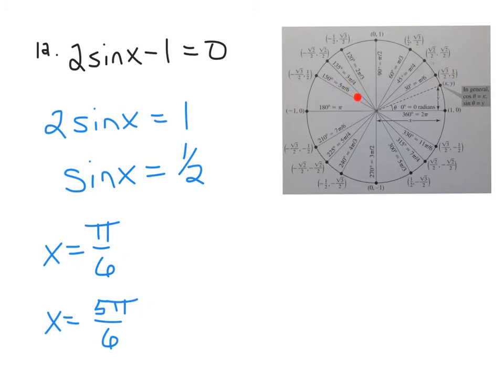The same thing applies to 5 pi over 6. Every time we go around a full circle, it counts again. So our answer for the first one would be pi over 6 plus 2 pi, and then we could keep going and do another 2 pi, and another 2 pi, and another 2 pi.